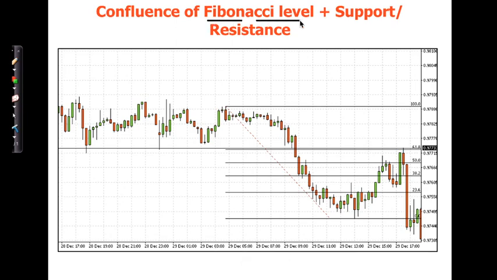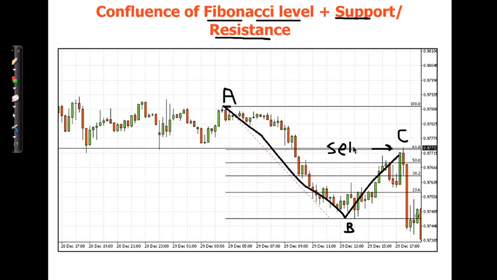I always want to ensure that the Fibonacci level is reinforced by a strong support or resistance level and/or a moving average. So for example, if you take a look at this trade where it's on a downtrend, that's A, that's B, and that's C. So A, B, C. That's a downtrend wave pattern. Would I be confident to sell at C? Well, based on Fibonacci, yes, because it is at a 61.8% level.